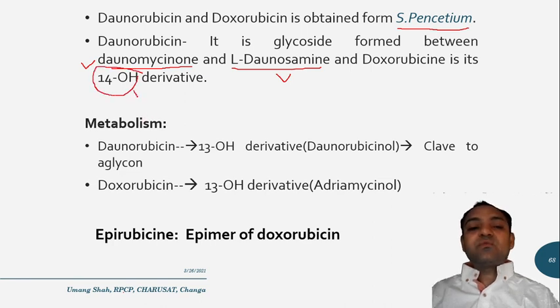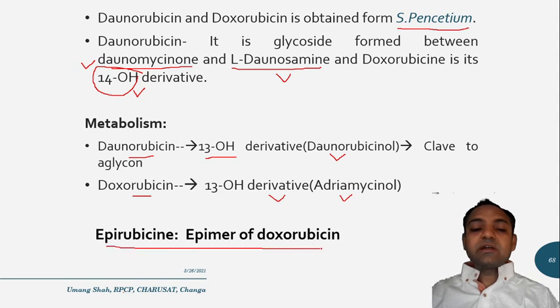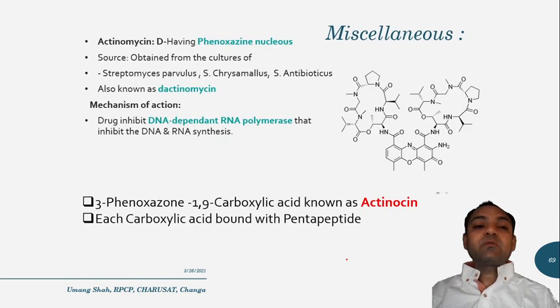In doxorubicin the 14-hydroxy group is present, in daunorubicin it is absent. If we look at the metabolism, daunorubicin is metabolized to 13-hydroxy derivatives called daunorubicinol, and doxorubicin is metabolized to a 13-hydroxy derivative called adriamycinol. And as we discussed earlier, epirubicin is the epimer of doxorubicin, which is a very important question.